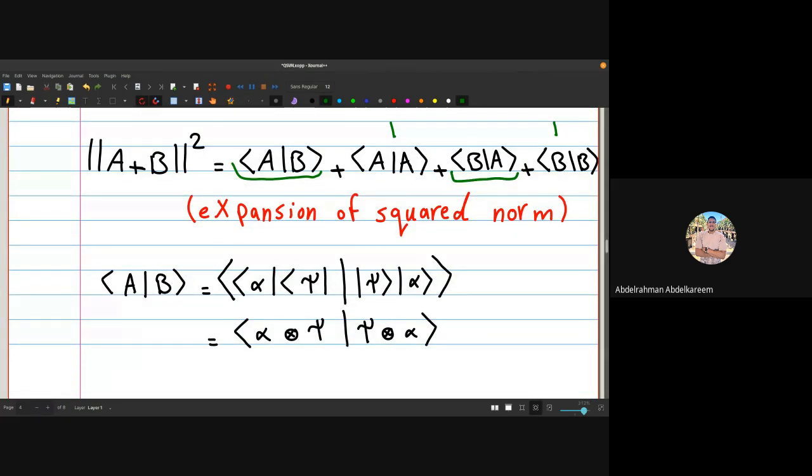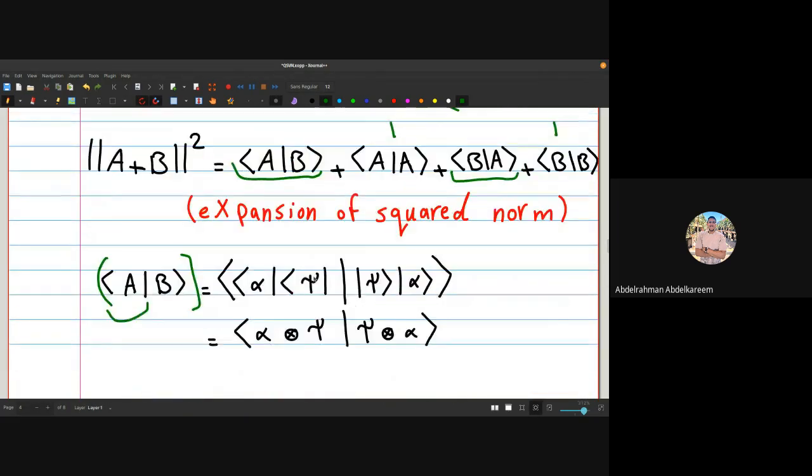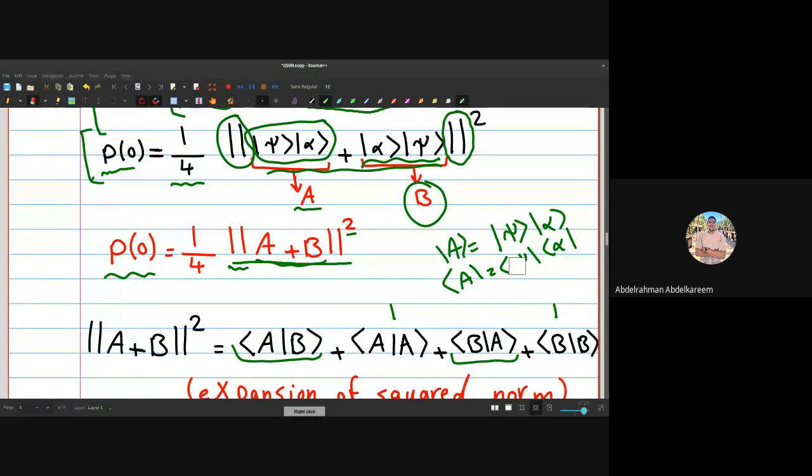So we will take the inner product between A and B, and we will input the A. Here A is a bra A, which we know is ket psi, ket alpha. So the bra of A is bra psi, bra alpha. So it's the other way around, I have reversed it: alpha, psi.